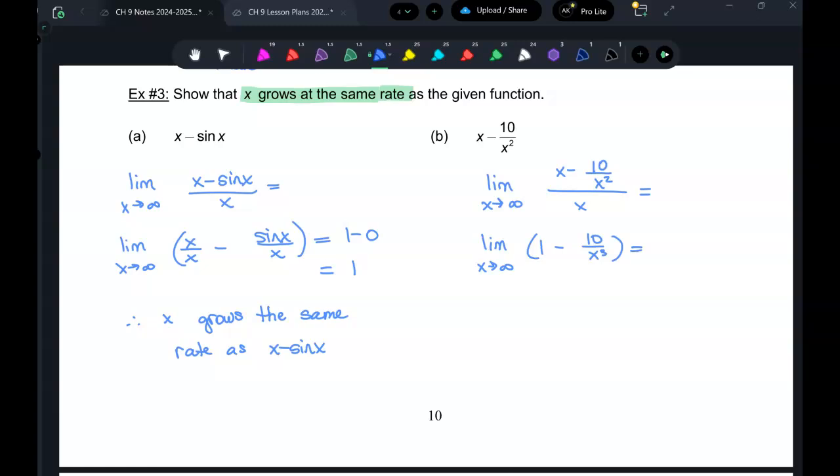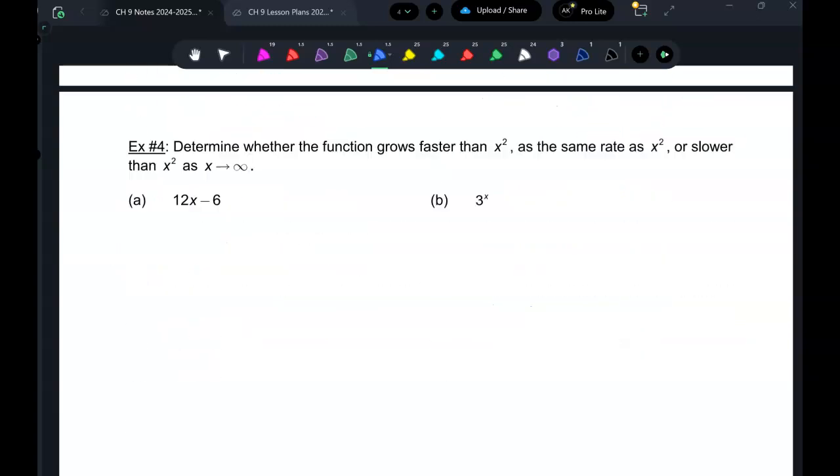So that gives us 1. Equals 1. All right. Good. Right, I told you it would be pretty easy.